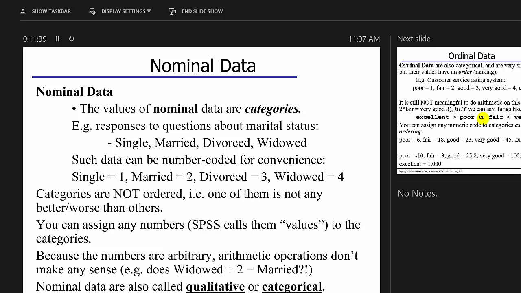Now, because this is random, because it's our choice how to assign numbers, that pretty much makes all computations invalid, okay? So for example, let's say I meet 2 people on the street, right? One is married, another is divorced. So I record 2 and 3. Let's say I compute the average. Can I compute the average? I can try, right? So married is 2, divorced is 3.